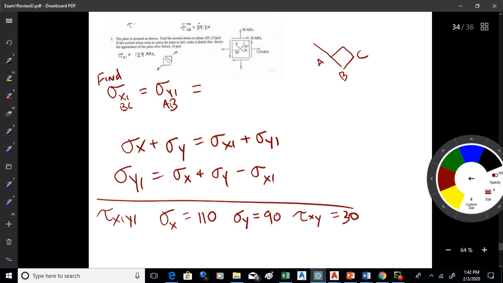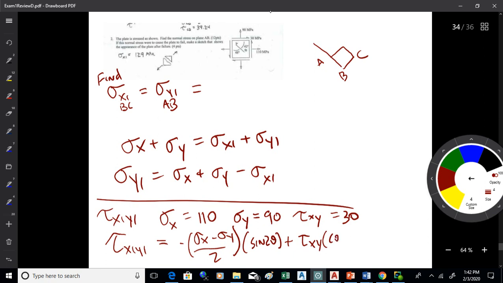So to do this, you're going to use this equation, right? Tau x1y1 equals minus sigma x minus sigma y over 2 times sine 2 theta, plus tau xy cosine 2 theta. Okay? That's the equation to use, right?